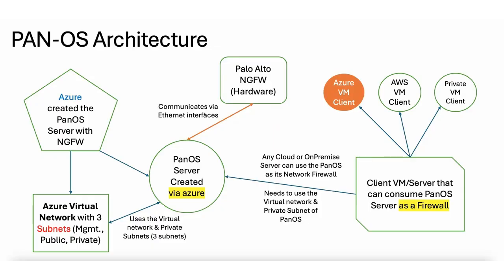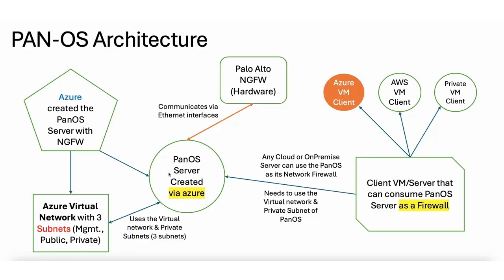Now, if I look over here at the general concept of what we just looked at, I can see at the heart of everything, we have our Pan OS server system over here. So pretty much what is going on with this diagram is with Azure, we created the Pan OS server that has the next generation firewall with it. Within our Azure environment, that gave birth to this guy, which is our Pan OS server that has been created via Azure.